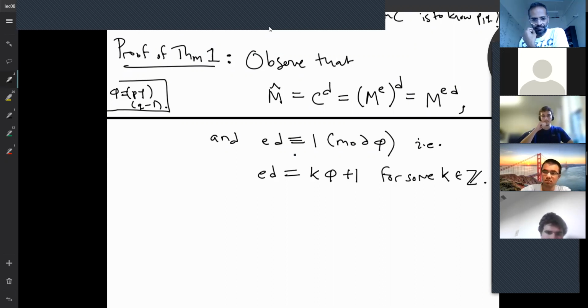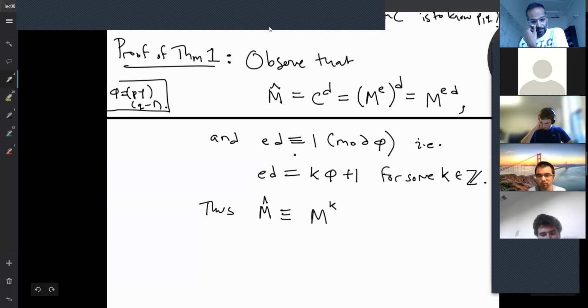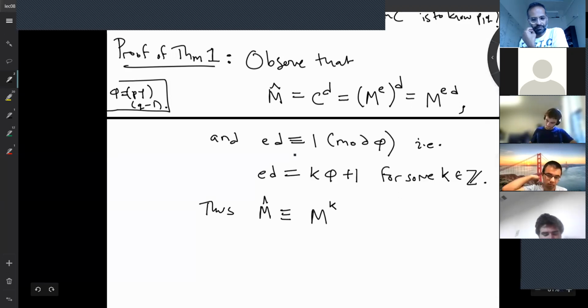So now m hat is congruent to m to the k, some integer k, times p minus 1 times q minus 1 plus 1 modulo n.